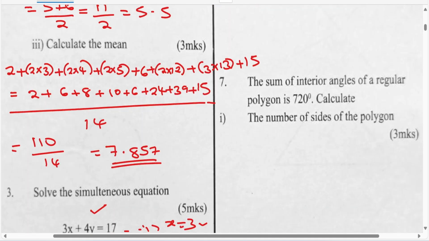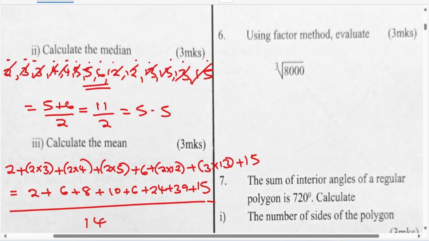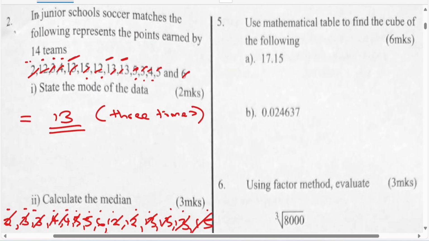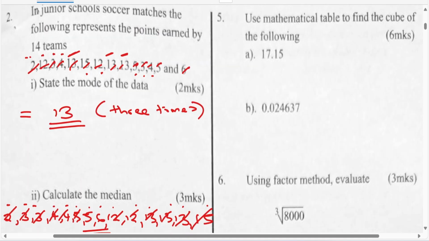Question 5. Question 5 wameambiwa using mathematical table to find the cube of the following. Choice A ni 17.15.